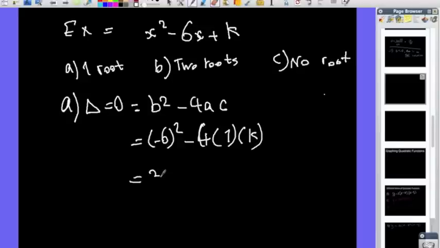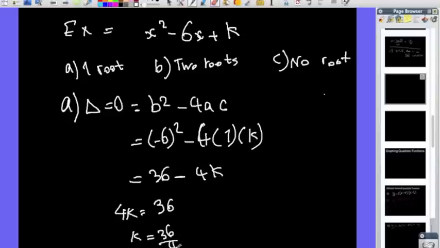So 36 minus 4k equals 0, so 4k equals 36, which means k equals 36 by 4, which is 9. So in the delta equals 0 situation, k equals 9.